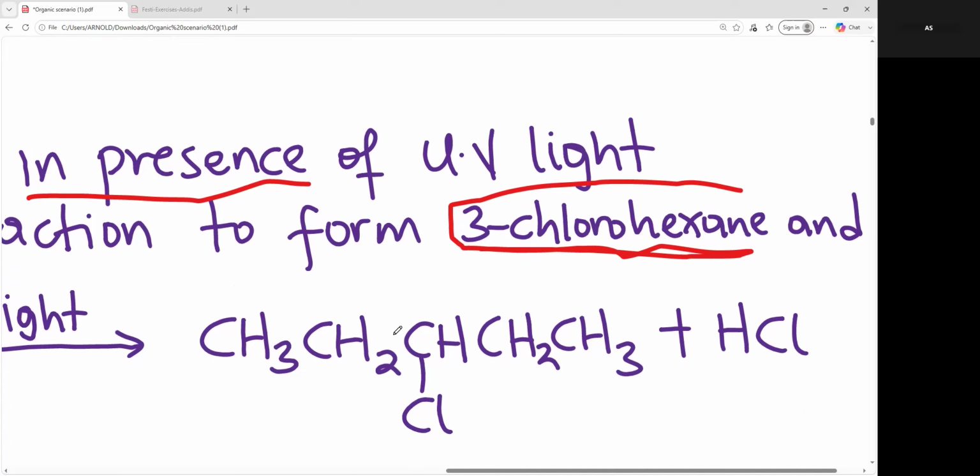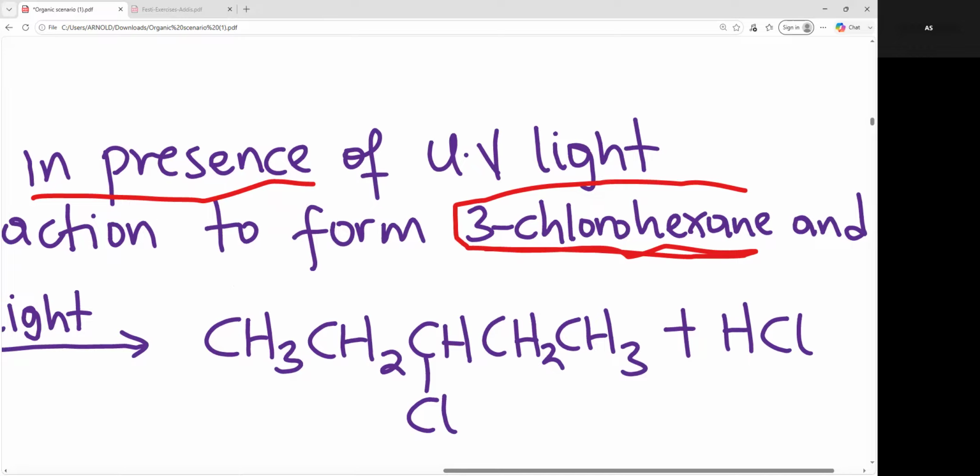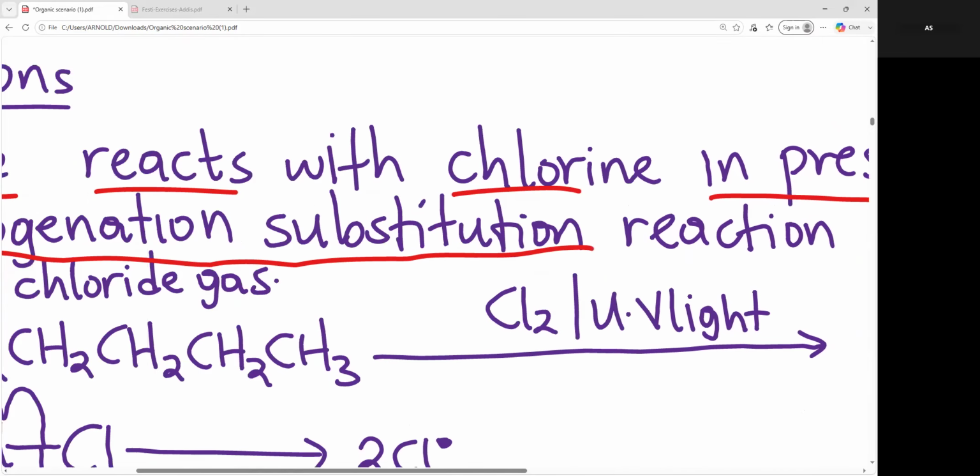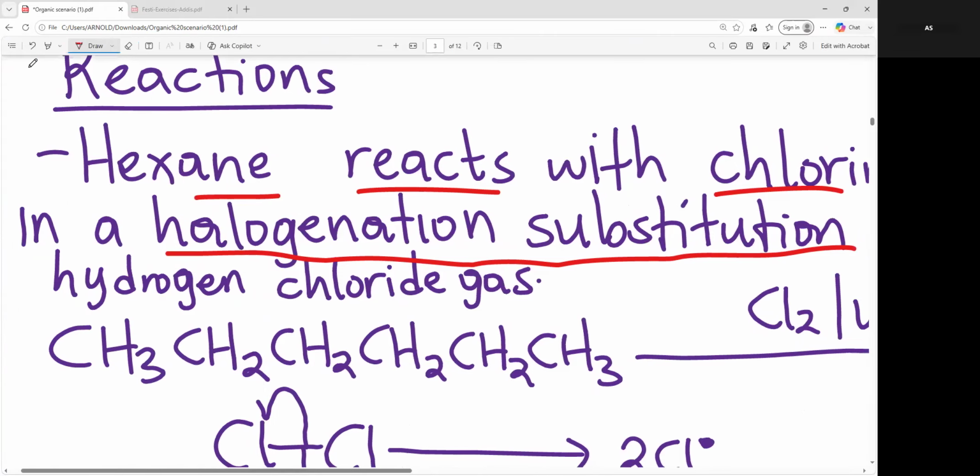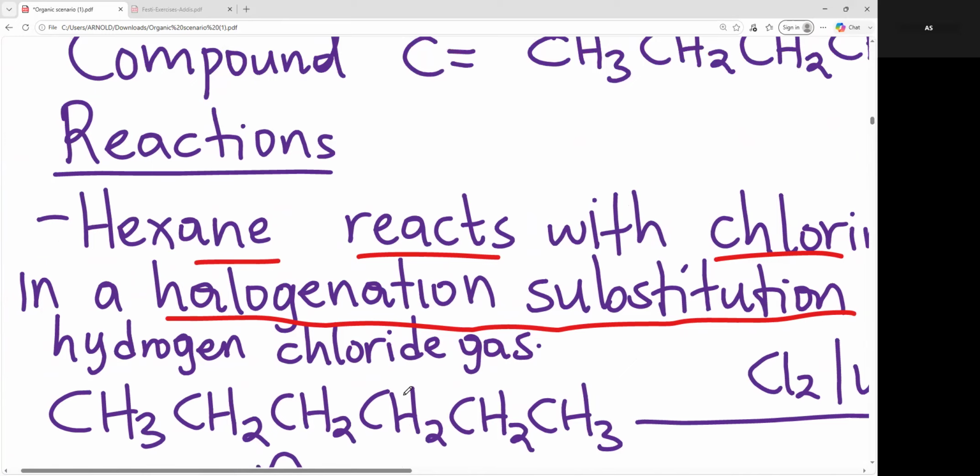I decided to go with this carbon, particularly this carbon. So I substituted its hydrogens. It is secondary. You can even decide to use this one. Then you outline the mechanism for the reaction.